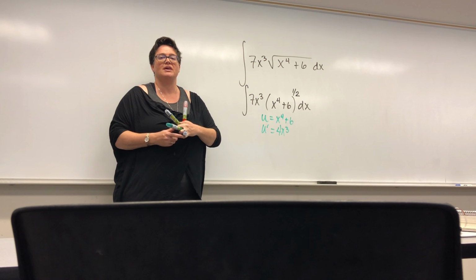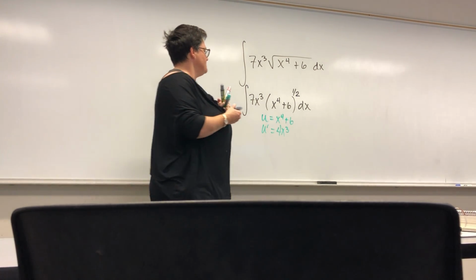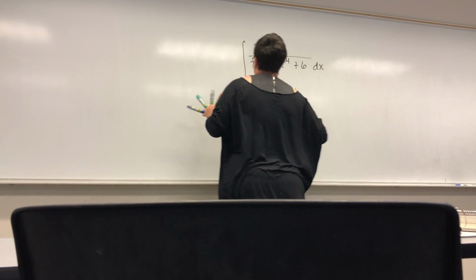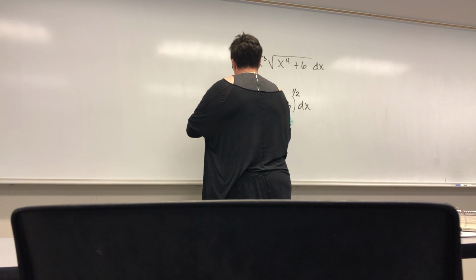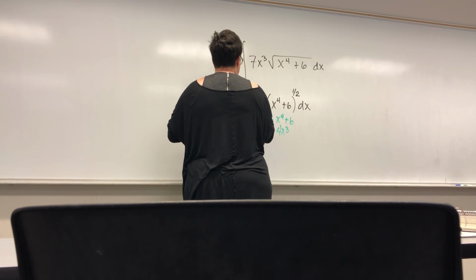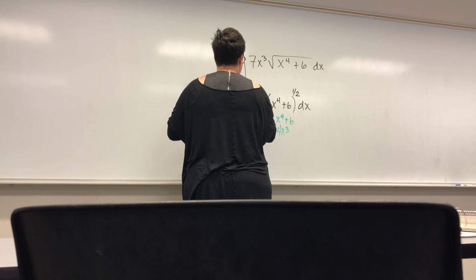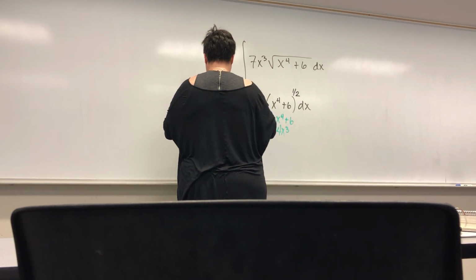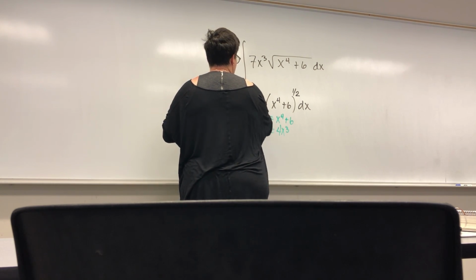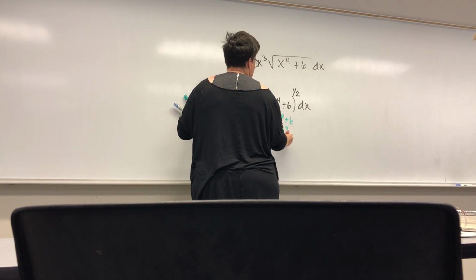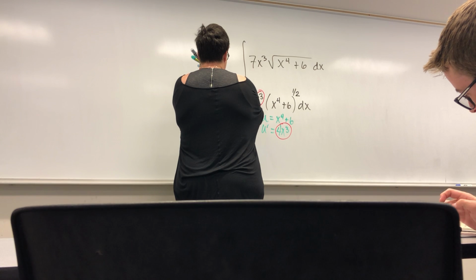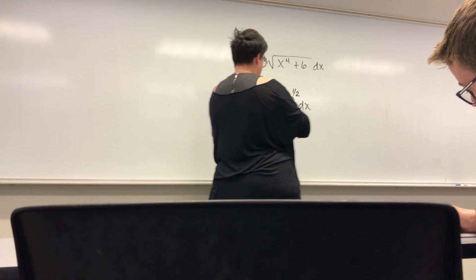So we're just going to multiply and divide by 4, right? If I do that, what am I going to keep and what am I going to take out? I need the 4 and I need the x cubed, so I'm going to keep that. I'm going to kick out the 7 and this 4 down here.